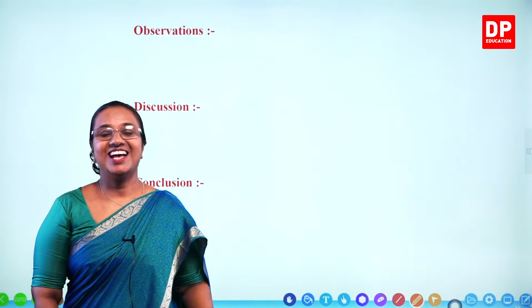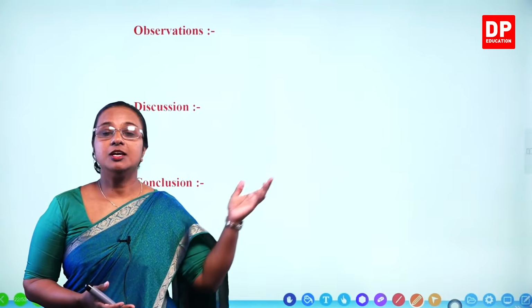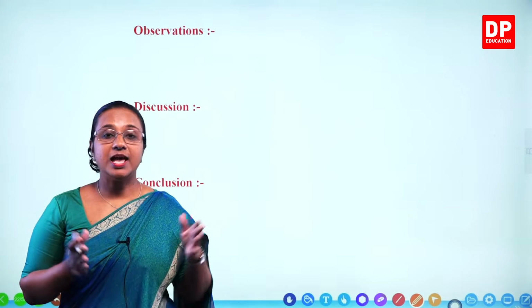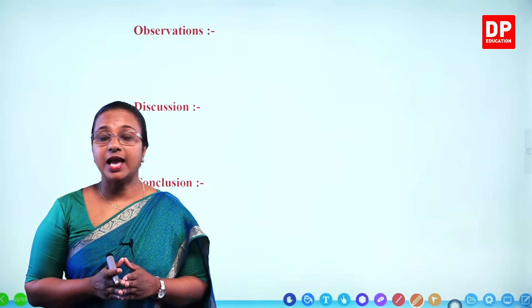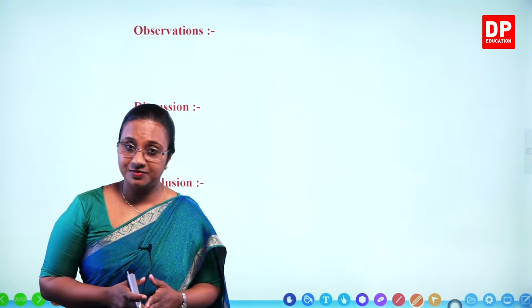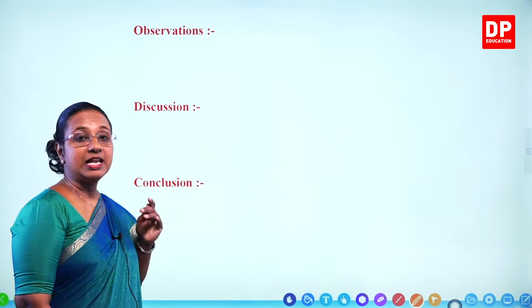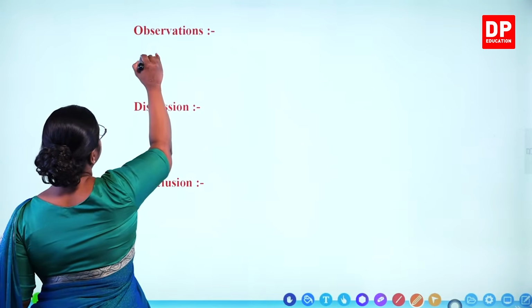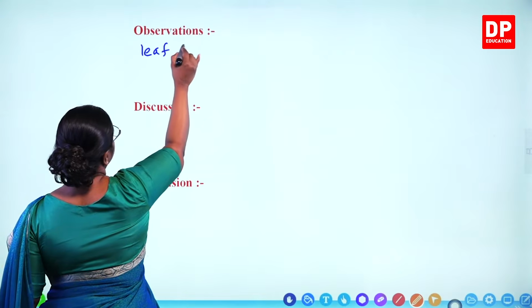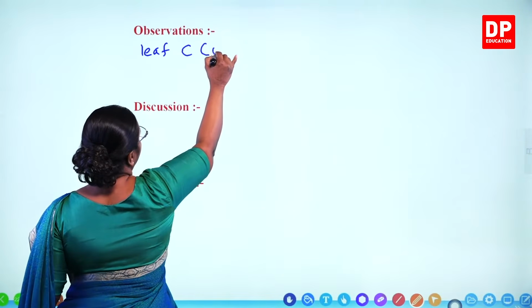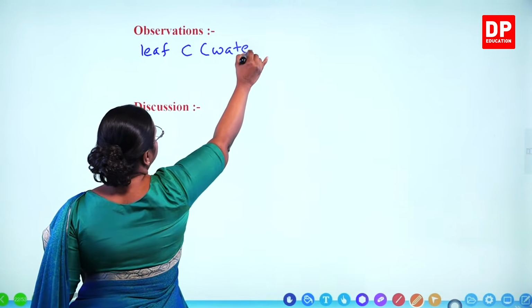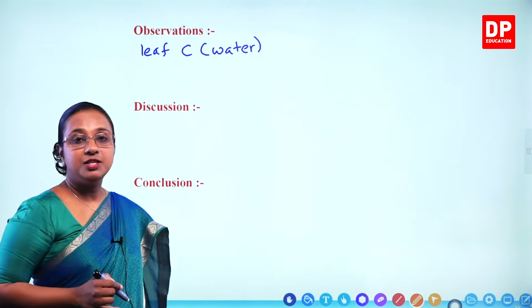Okay students, now that you saw the observations of the activity, we will discuss why you get that observation and what we can conclude from the activity. So what were the observations? Leaf C, that had water in the bag. What did you see?